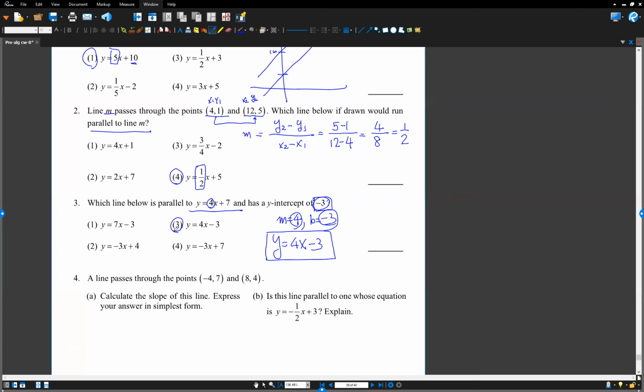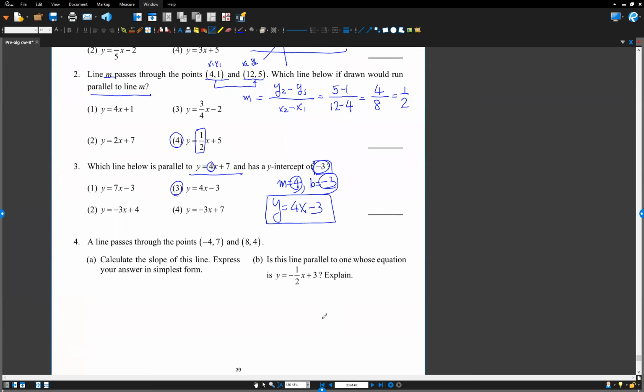Right, number 4. A line passes through the points (-4, 7) and (8, 4). Now let's find the slope of the line. I take this as x1, y1, and this as x2, y2. The formula for slope, I'm going to write one more time: y2 minus y1 over x2 minus x1.